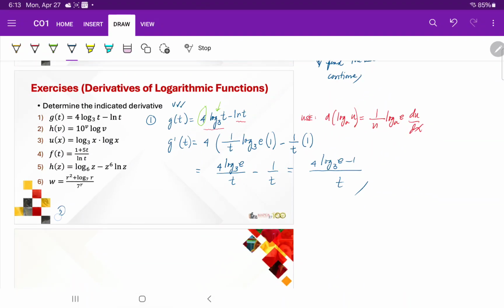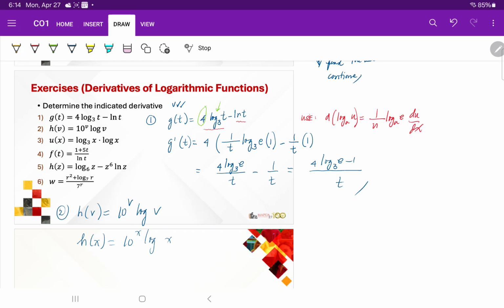For number 2, we have h of v is 10 to the v times the log of v. So our variable here is v. H of x is 10 to the x times the log of x.